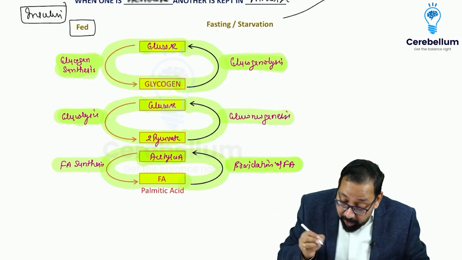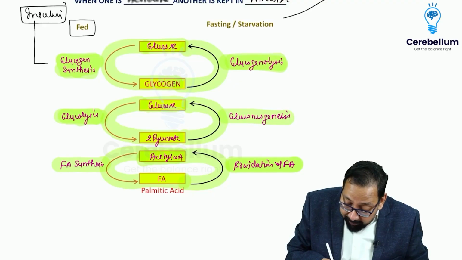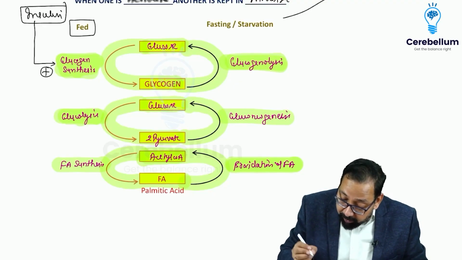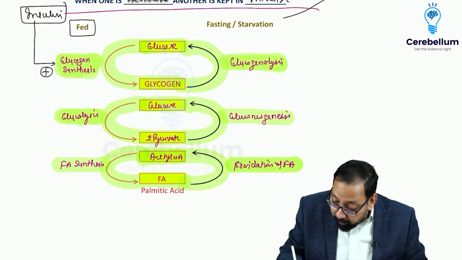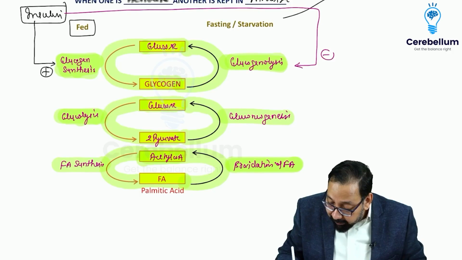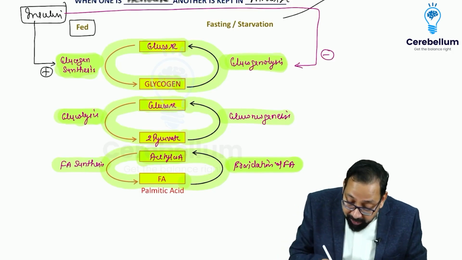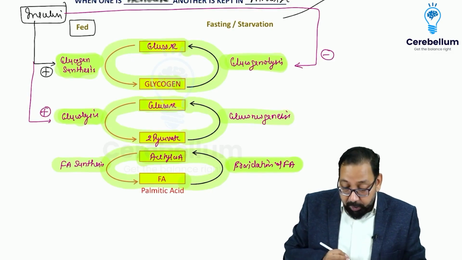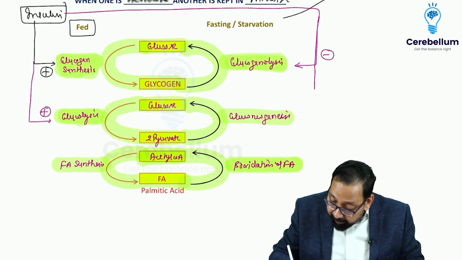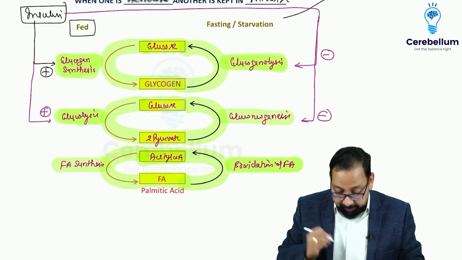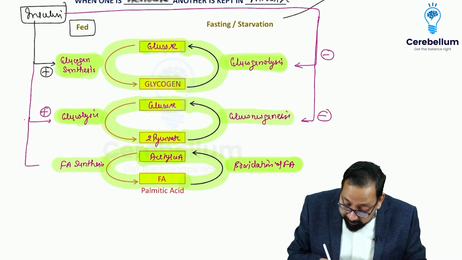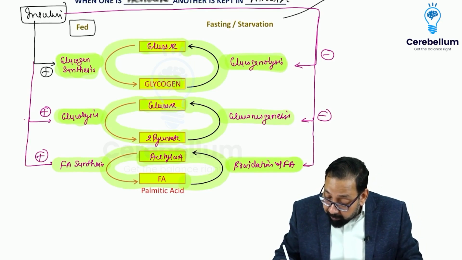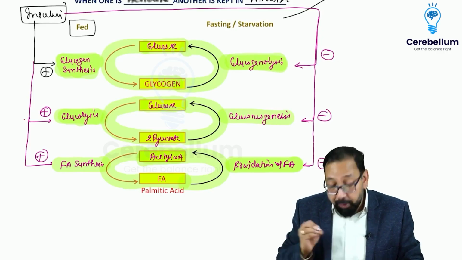So I take insulin. Insulin activates glycogen synthesis, so insulin must inhibit glycogenolysis. Insulin activates glycolysis, so insulin must inhibit gluconeogenesis. Insulin activates fatty acid synthesis, so insulin must inhibit beta oxidation of fatty acid.